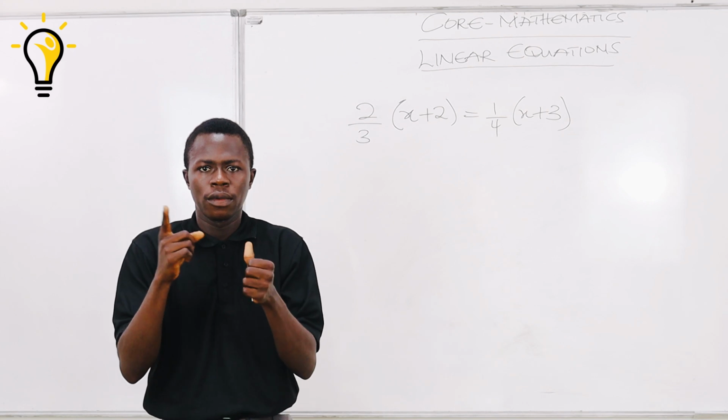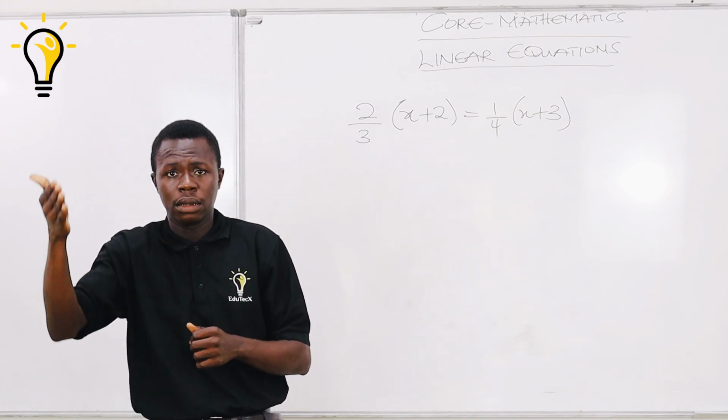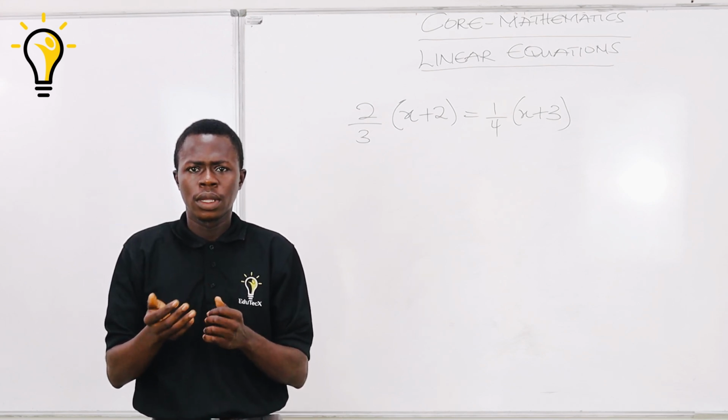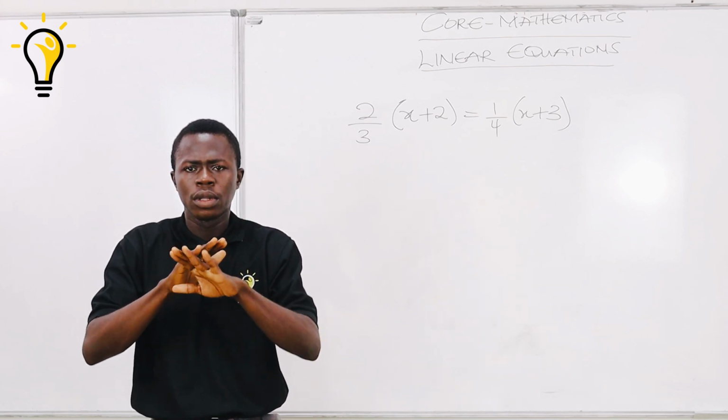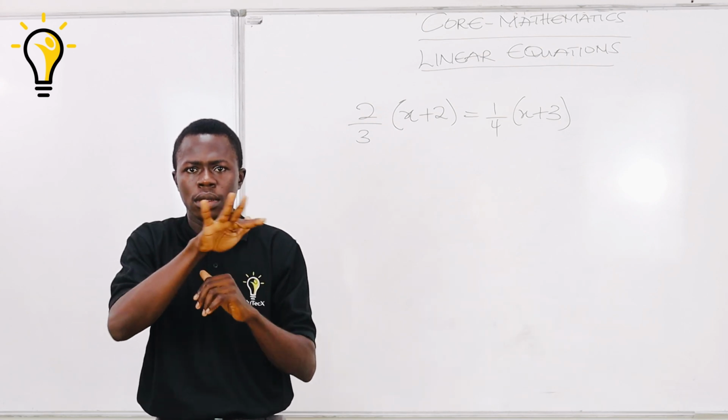So we have two fractions. The first one is 2 divided by 3, and the other one is 1 divided by 4. We focus on the denominators.